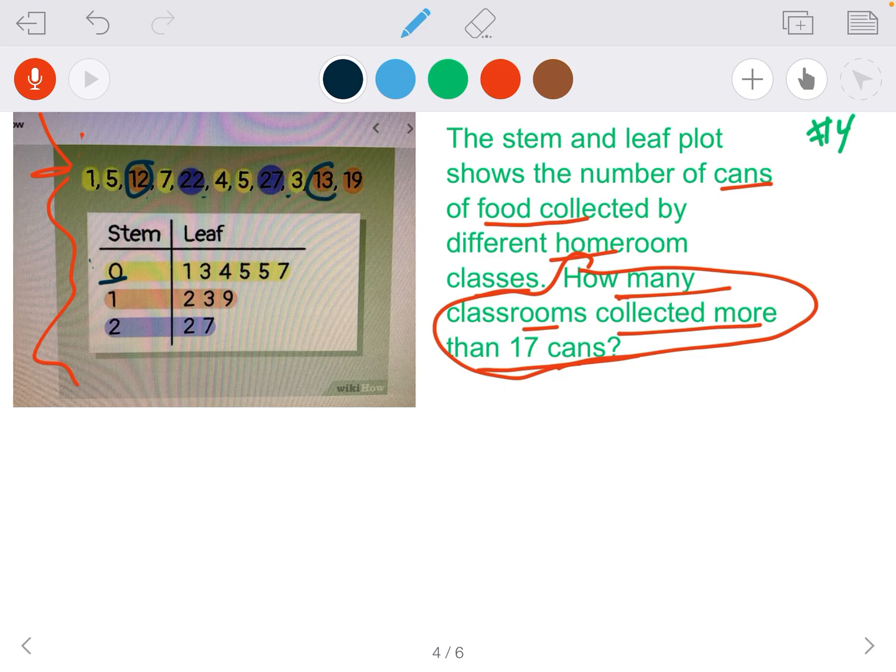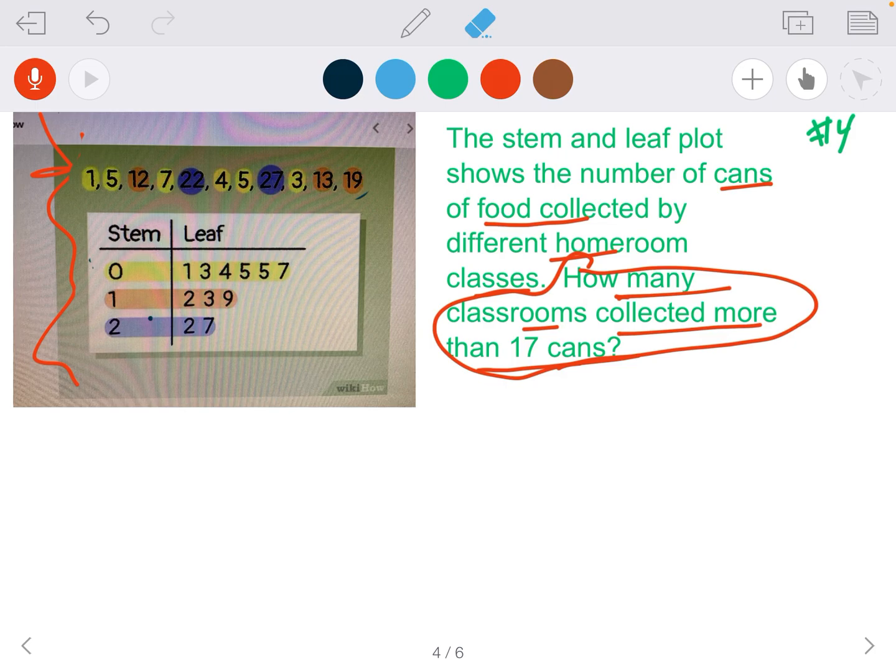Now looking at the orange, I've got a 12, a 13, and a 19. Notice that the first number is the number 1, so that is my stem. And then I write numerically in order my 2 for 12, 3 for 13, and 9 for 19. Remember, the stem is interpreted as the first number.